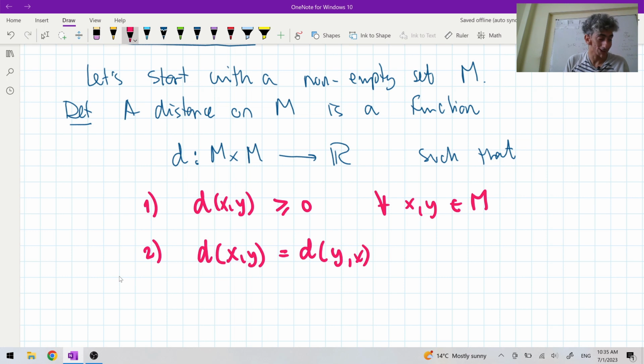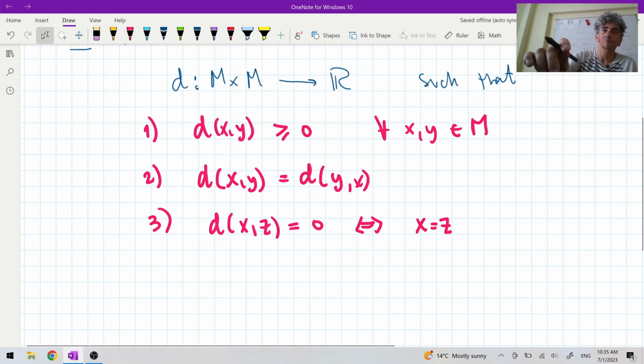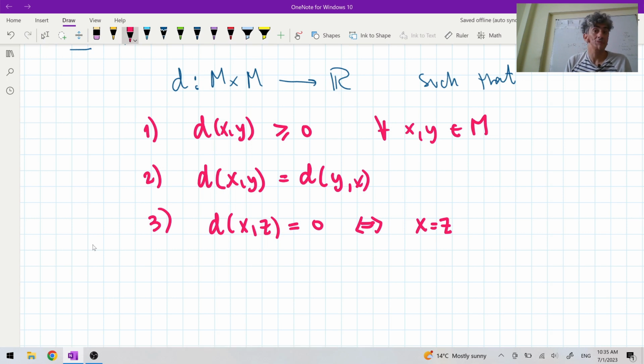Okay, next we're going to say that the distance between two points is 0 if and only if the points are actually the same. So two different points have a positive distance between them.